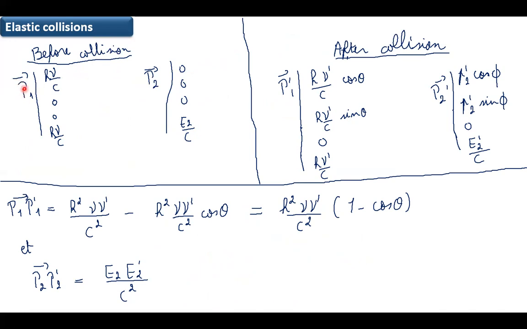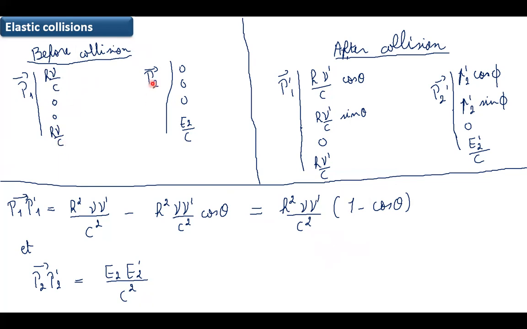So P1 before collision is the X-ray going along the x-axis. So we have h nu over c. Here we are using the c, not c equals 1. We will consider the c. So h nu over c along x, and 0, 0 along y and z, and the time component has the same magnitude h nu over c.